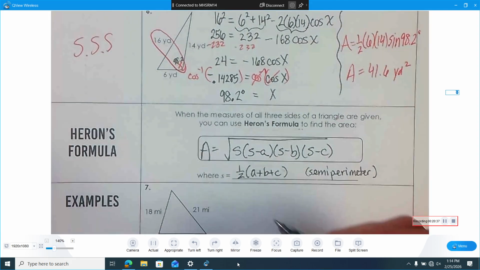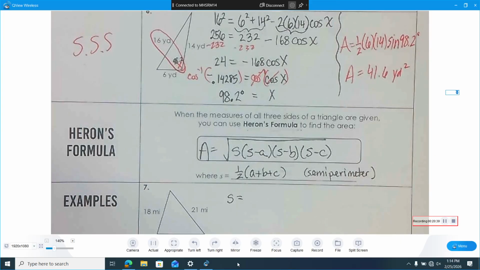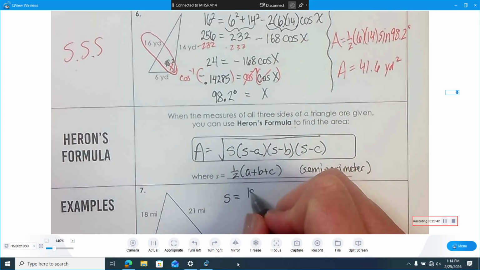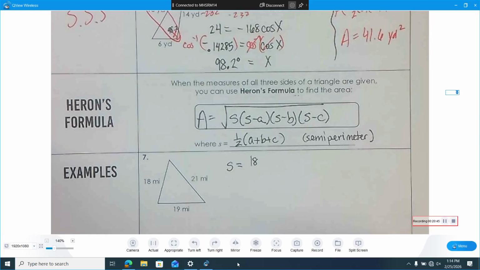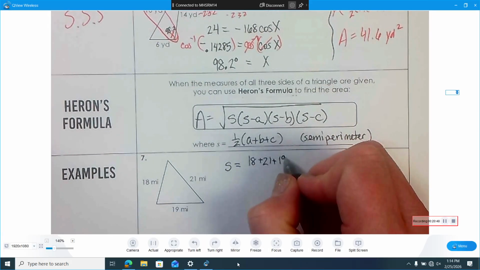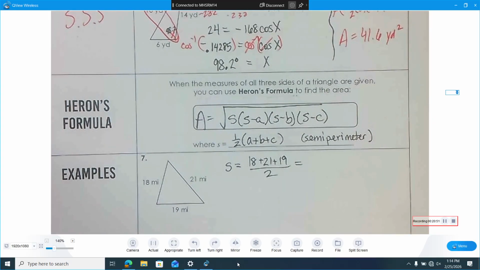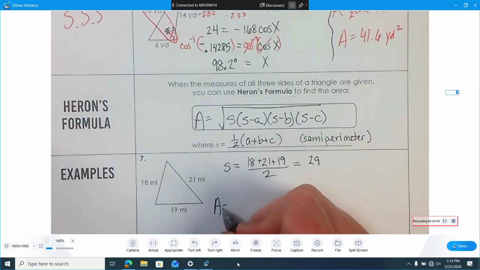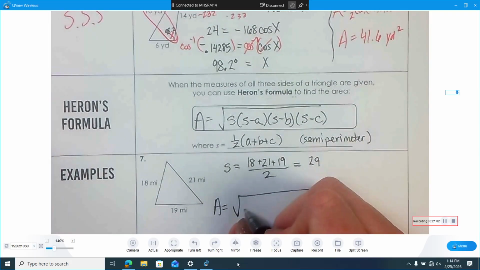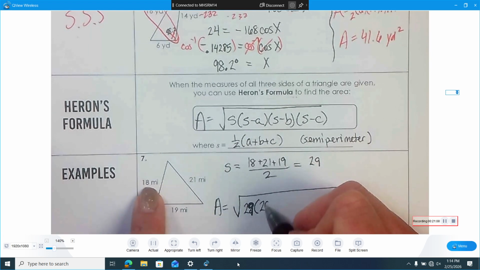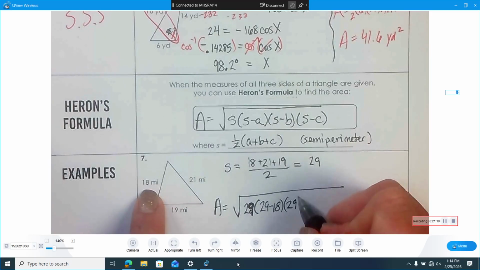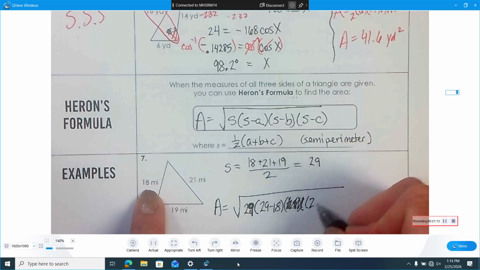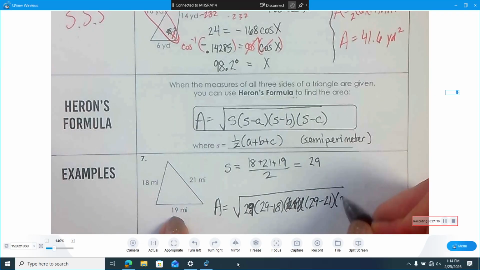All right, so just to see it in action here, let's figure out our semi-perimeter. Our semi-perimeter here on number 7 is 18 plus 21 plus 19, all divided by 2. So there's our 29 for our semi-perimeter, and if I want the area, then the formula is semi-perimeter, 29, times 29 minus the 18, times 29 minus 21, times 29 minus 19.